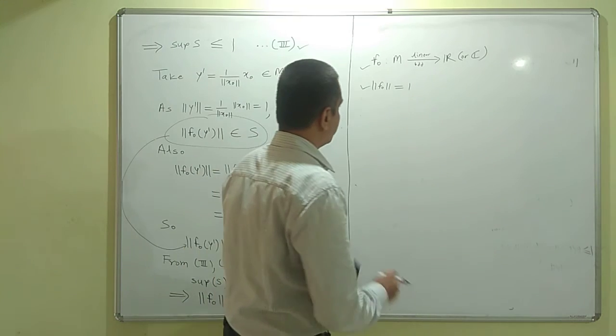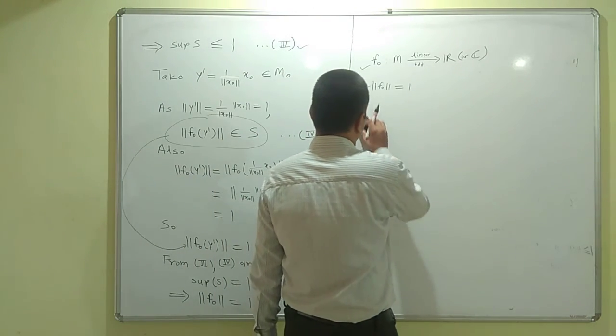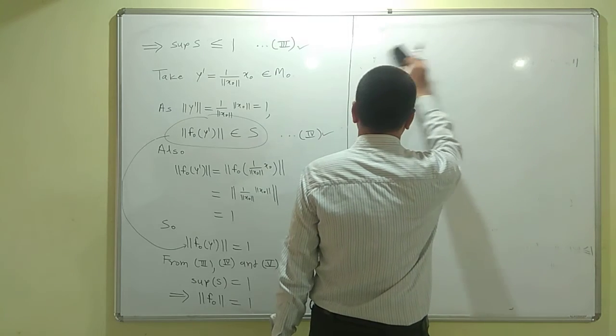Now in the last step of the proof, we will apply the Hahn-Banach theorem to f0.